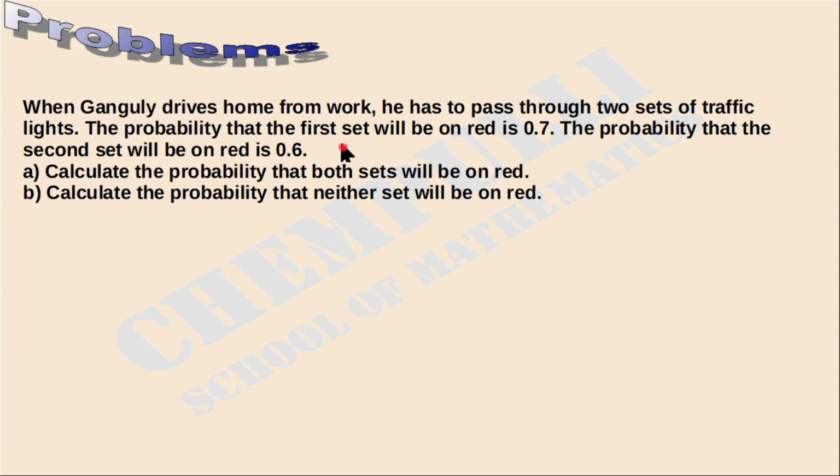Now from here you can check these two events. These two events are independent events. Why are these two events independent events? Because whether the first one is red or not red does not depend on the second one. The second event does not depend on the first event. The probability that the second one is red is 0.6, and the probability that the first one is red is 0.7.